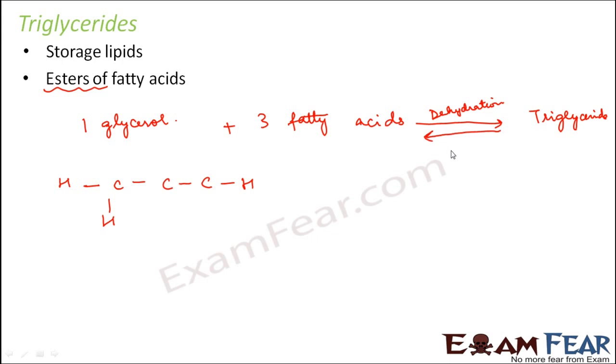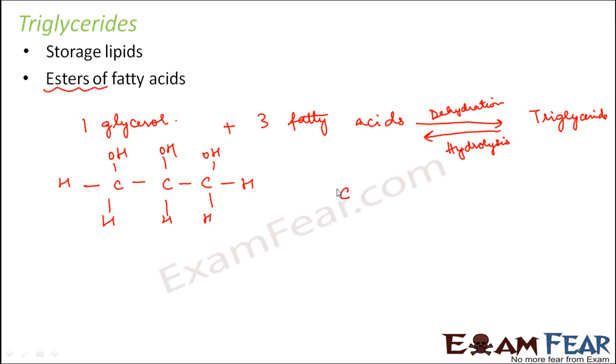And the reverse process will take place by hydrolysis. So that is how the formation of triglyceride will take place. Now how exactly does it happen? Let us draw the structure for glycerol. So this is the structure for glycerol.